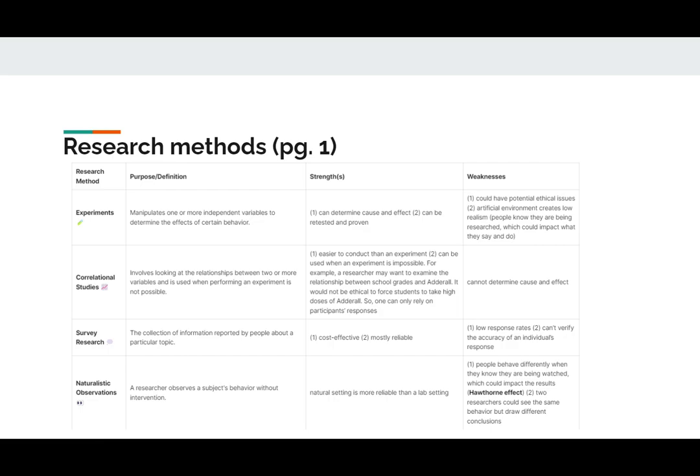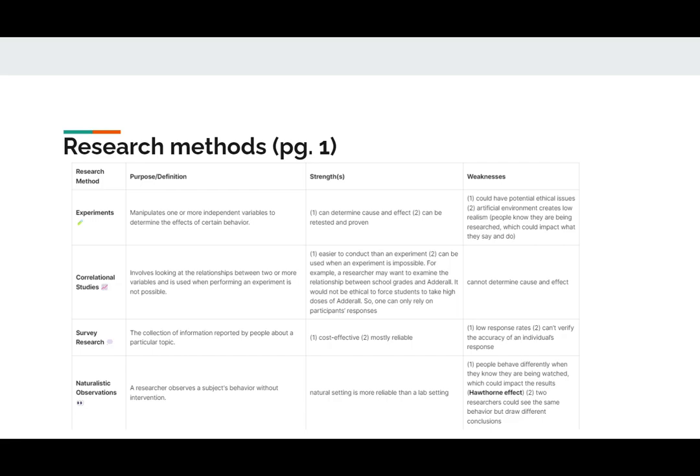Okay, and another research method is naturalistic observation, and this will be tested on the MCQ section a lot, and they will give you a scenario and ask you to determine which research method is being used or could be used.